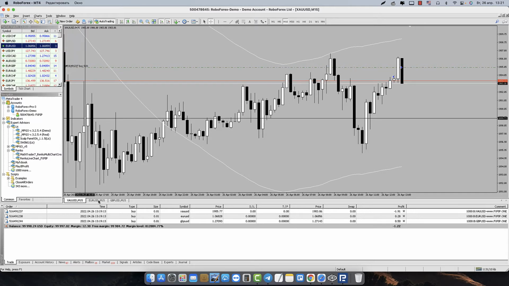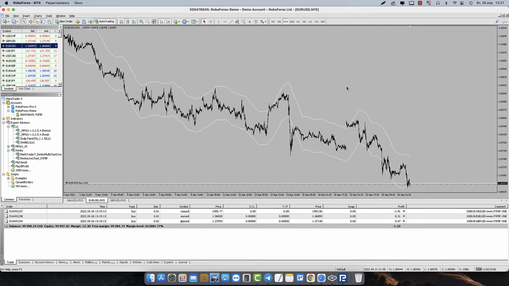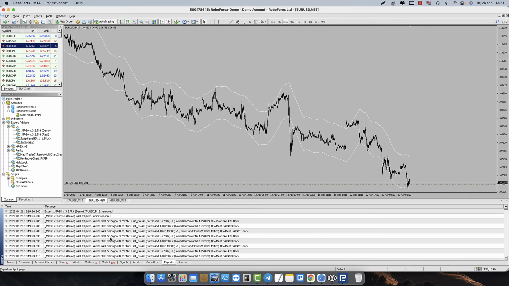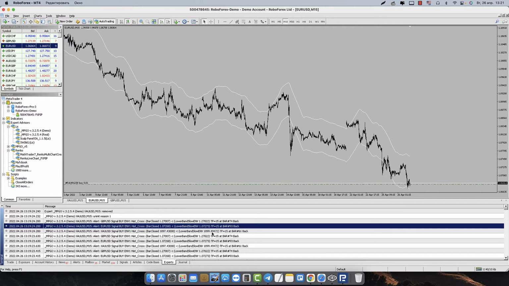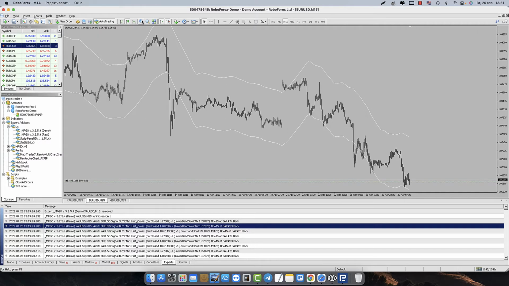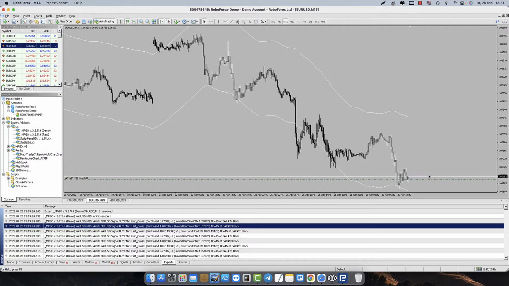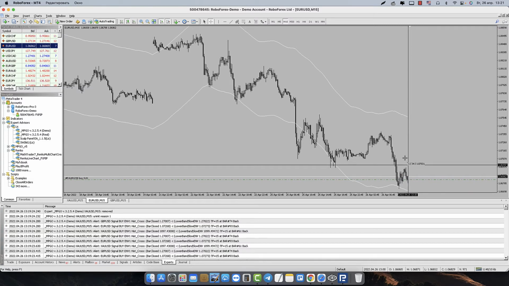Let's take a look at the other pair, EUR/USD. Why did it open a buy signal? Because it tells us EUR/USD 93 bars back. Let's find 93 bars back.